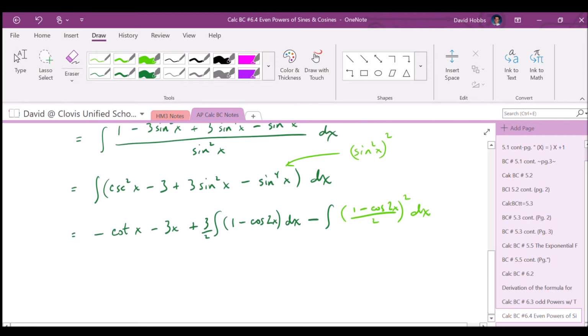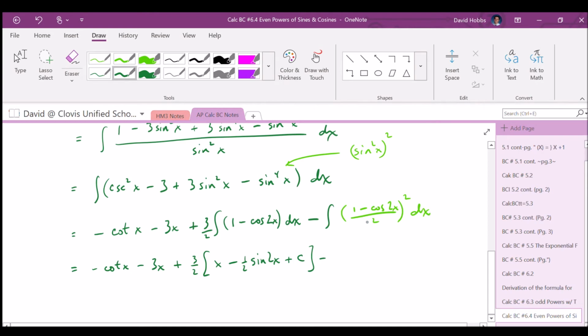Okay, so we've got negative cotangent x minus 3x plus, okay, so I've got 3 halves, and I've got x and minus 1/2 sine 2x plus a constant, but we just need to remember the plus c at the end somewhere. If you're worried that you might not remember it, go ahead and do the plus c right now.